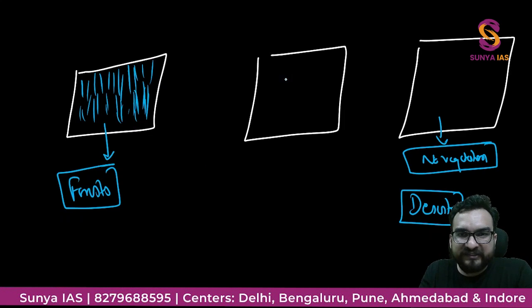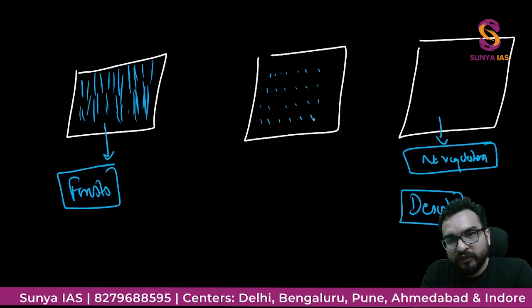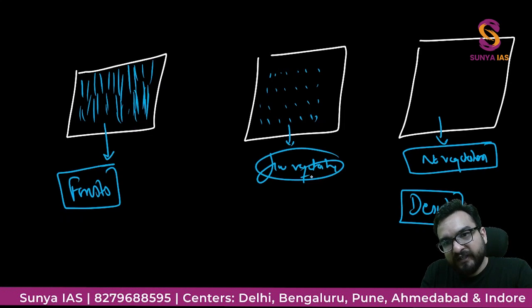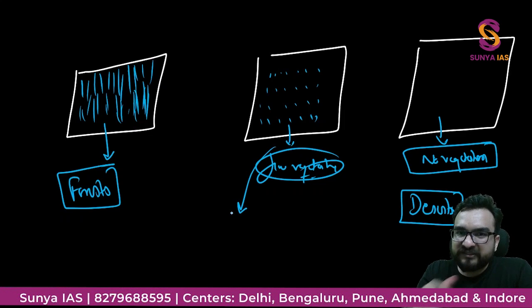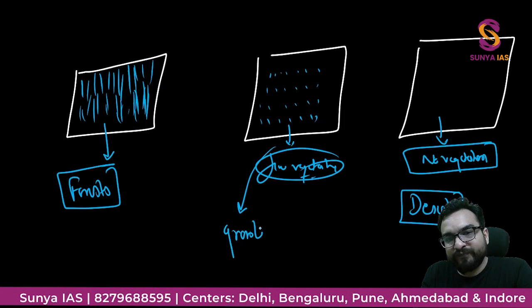And in some areas you are seeing that a few grassland, few vegetation is present, not extensively but few vegetation you will see. So these areas where vegetation is not densely present but sparsely present are known as grassland.